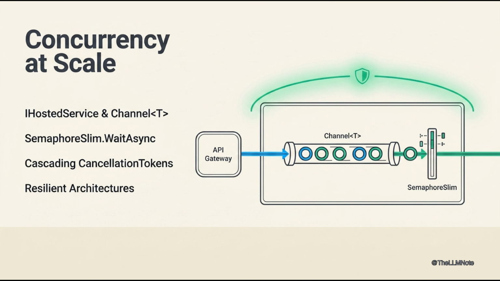For distributed systems, async primitives often replace heavy external locks, reducing latency. Real-world design interviews demand composition of these patterns into resilient architectures. The Interview.NET framework maps these directly to system design blueprints. Production-grade concurrency is about orchestration, not just code.